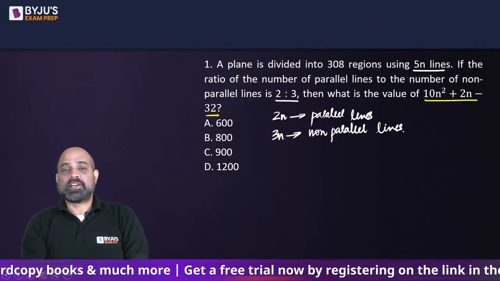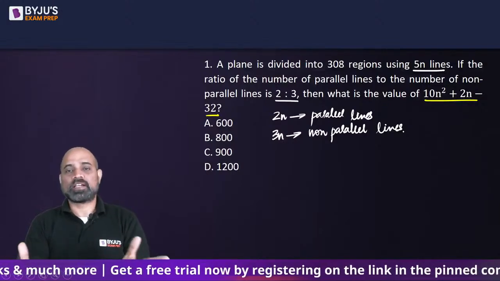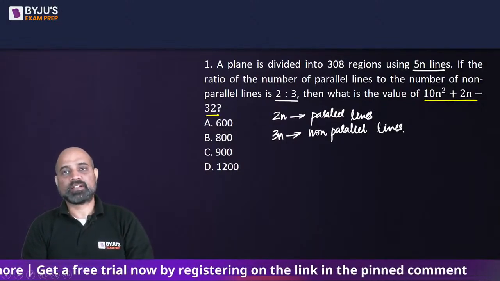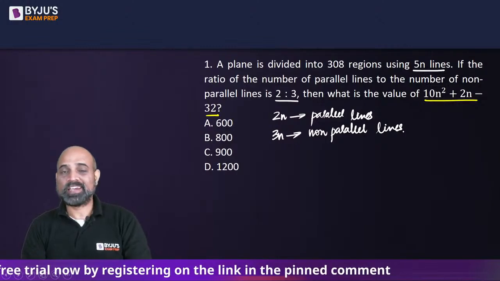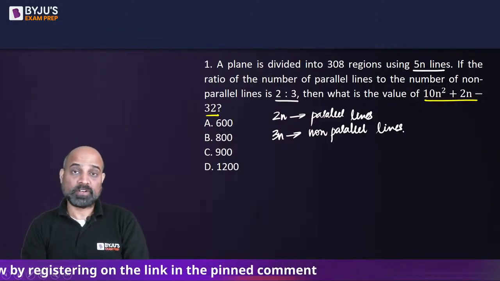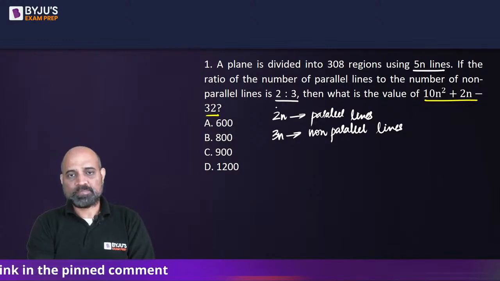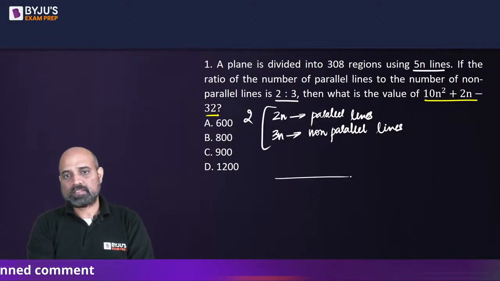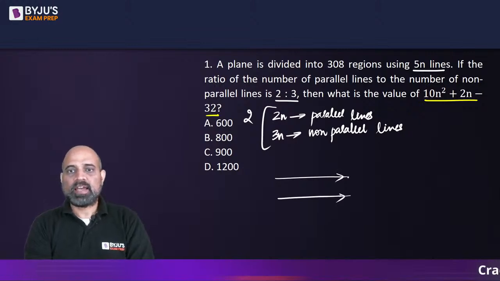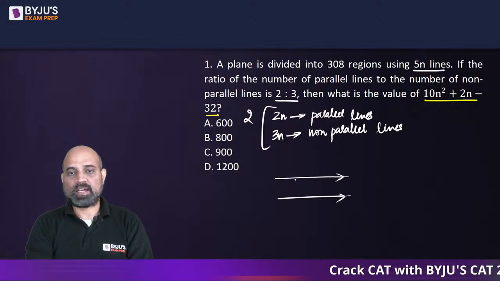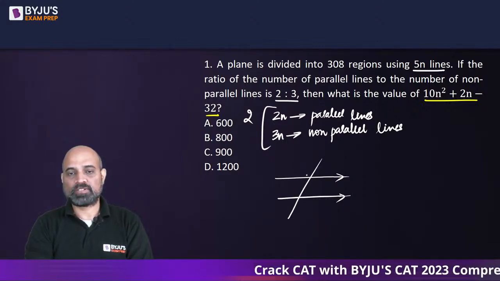Okay, now let's try to find out how 2n lines and 3n lines are going to divide the plane. So let's take an example. Suppose there are two parallel lines, right? And then we have three non-parallel lines. So three non-parallel lines are going to be something like this.